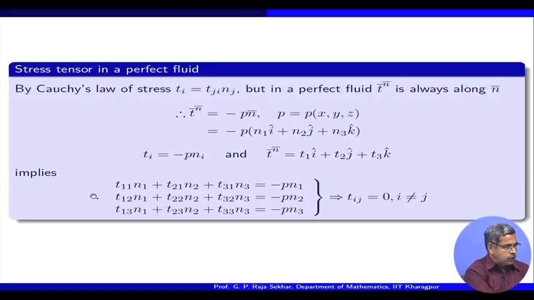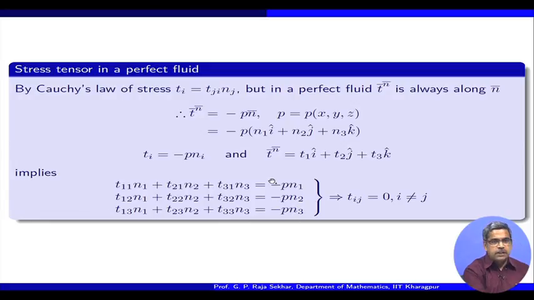From this, if you expand t1 in terms of the stress tensor, the t1 component in terms of p is this. Similarly, t2 we can expand and the corresponding component is this, t3 can be expanded and the corresponding component is this.